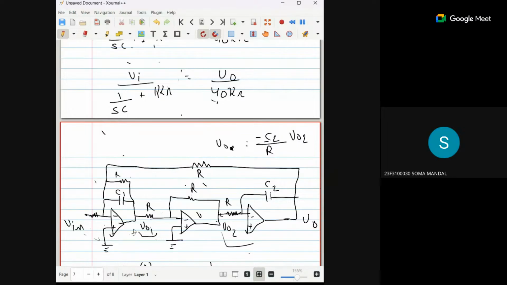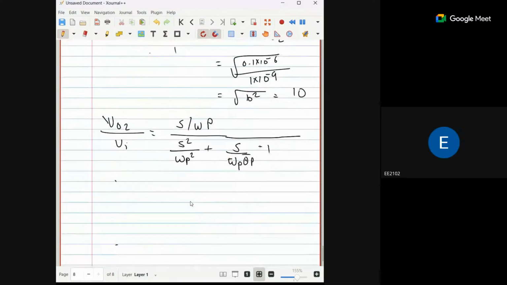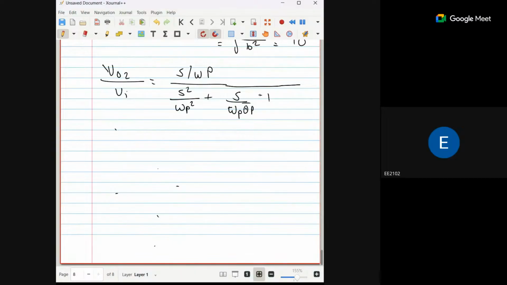Then V naught 2 is equal to Vi plus V naught upon 1 plus SCR. This is done by sir in week 6, second or third lecture. You can check the derivation from there.